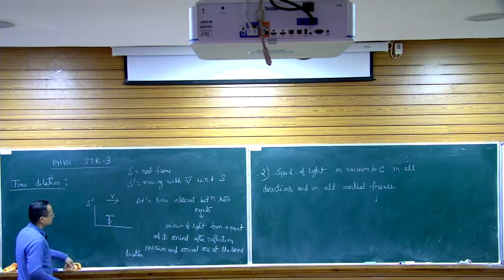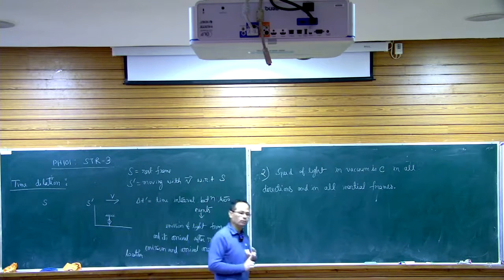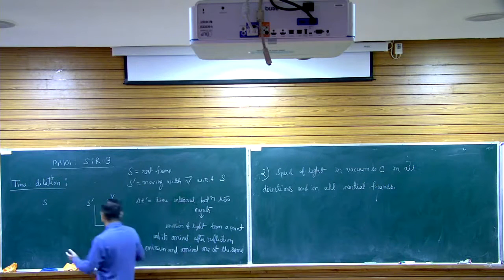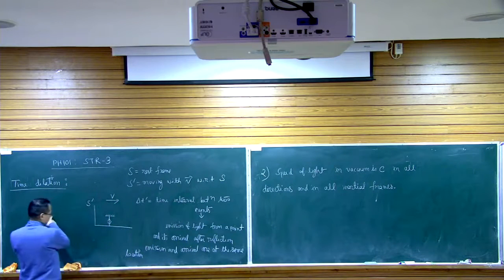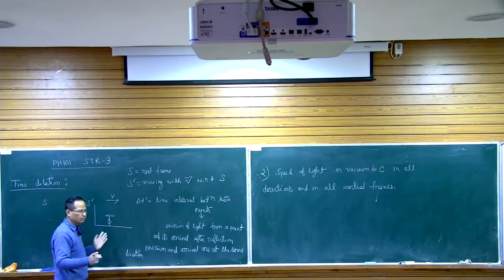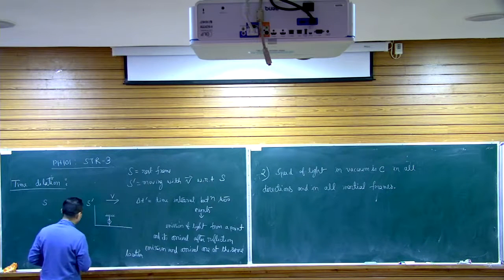Now, if we consider the second postulate of the special theory of relativity, it doesn't matter whether the observer is in S prime or S, the light needs to travel with a speed equal to c. So even in S prime frame, it will travel with the speed c.